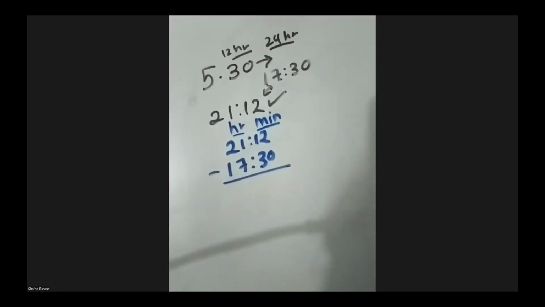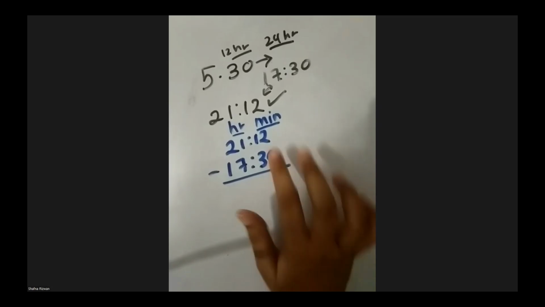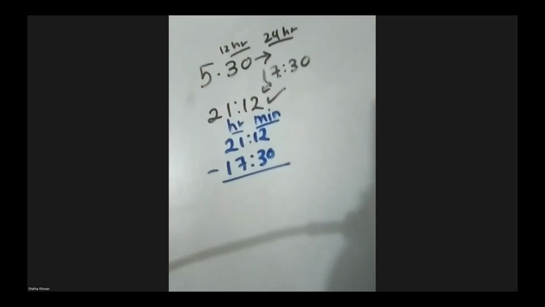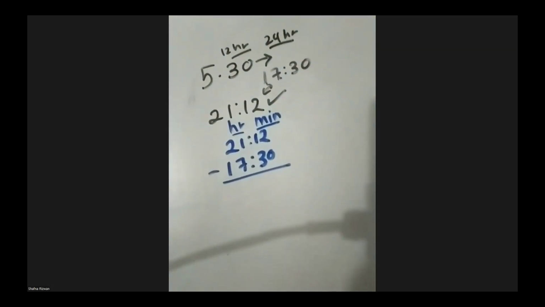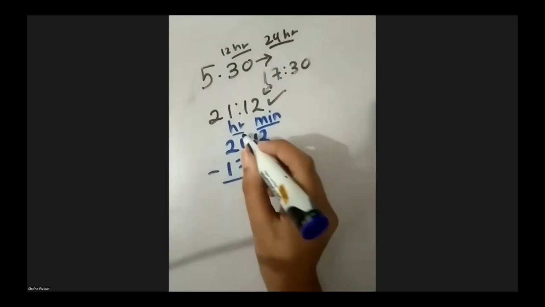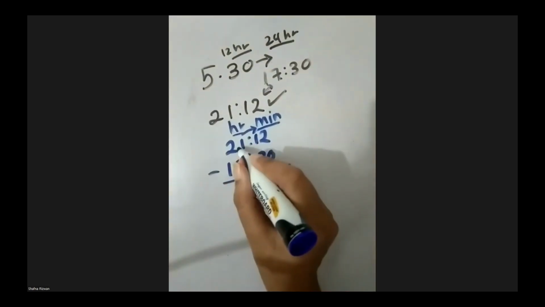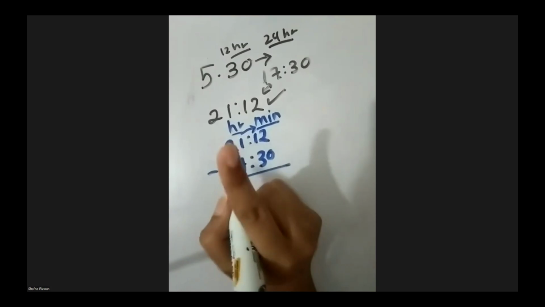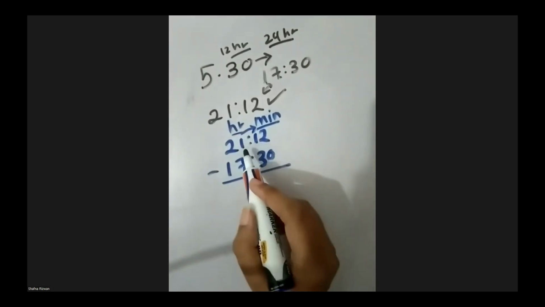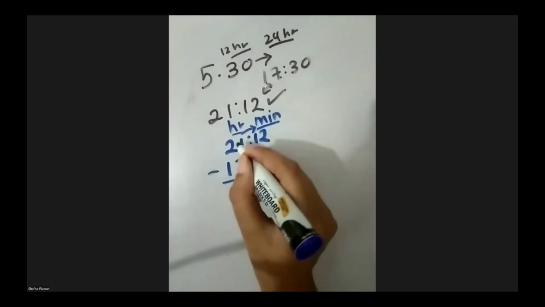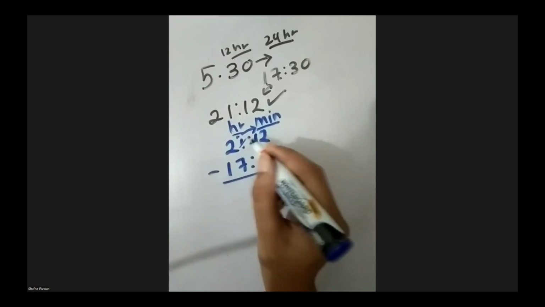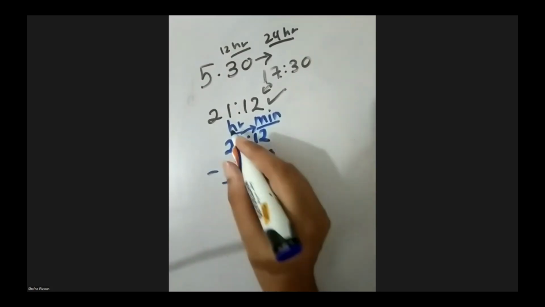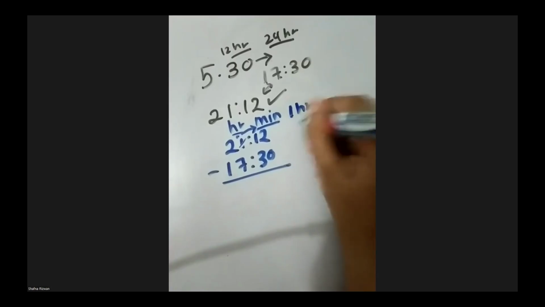Okay, now how can you find the answer? From 12, can you all subtract 30? No, you all can't do that. Then what are you all going to do? Borrow 1 from here. From 21, borrow 1 hour. When you borrow 1 hour, this 21 will become 20, and this 1 will become how much? It is 1 hour. I am giving 1 hour.